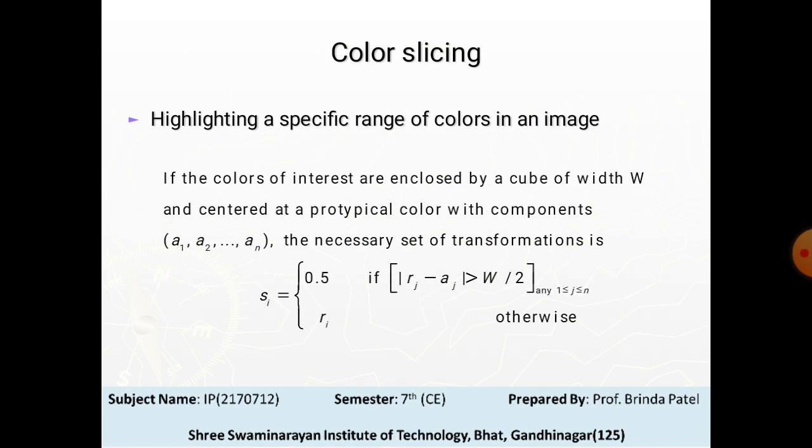One of the simplest ways to slice a color image is to map the colors outside some range of interest to a non-prominent neutral color.